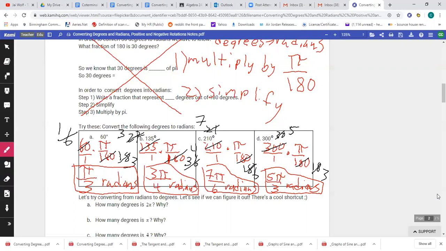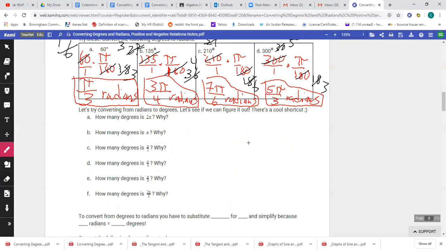Okay, so that's the method from degrees to radians. Now we're going to work backwards. Just like in chemistry, if you go from inches to centimeters and if you go from centimeters to inches, you still use the same conversion unit, you just flip them. So, once again, this would be cool to do in class, but we're not in class. So, simple.